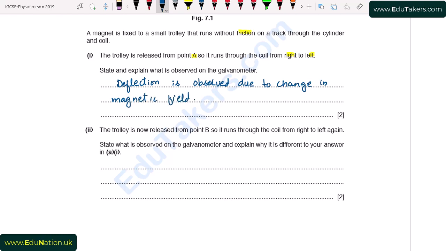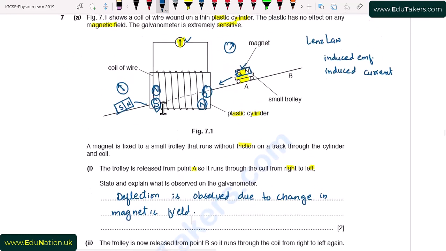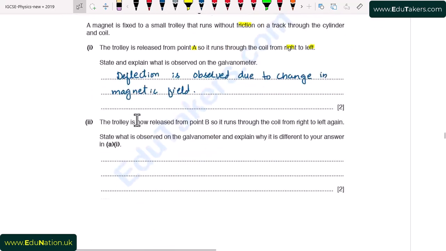Change in magnetic field means that when the magnet is at this position, its face is south while this is north. But when the magnet comes to this position, the magnetic field changes. On this side it is south pole, while on this side it is north pole. So this change in magnetic field causes the deflection on the galvanometer.